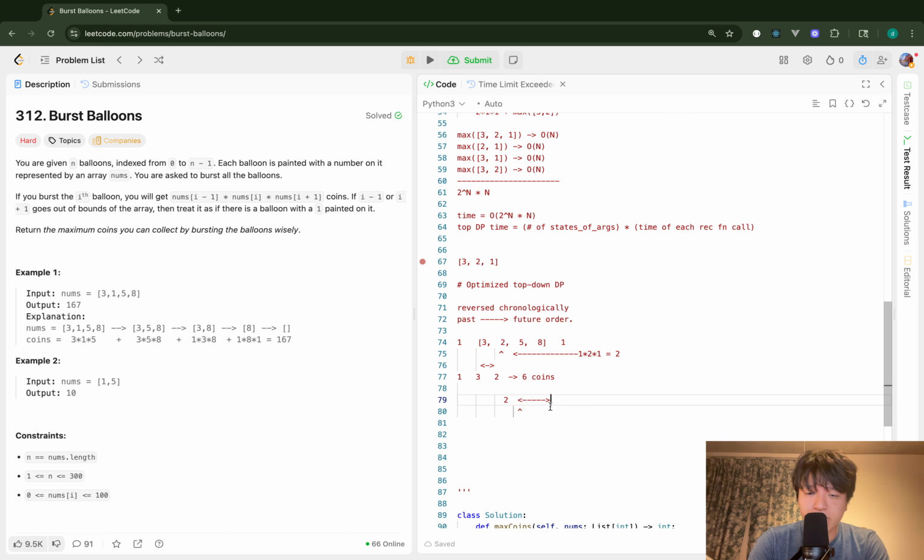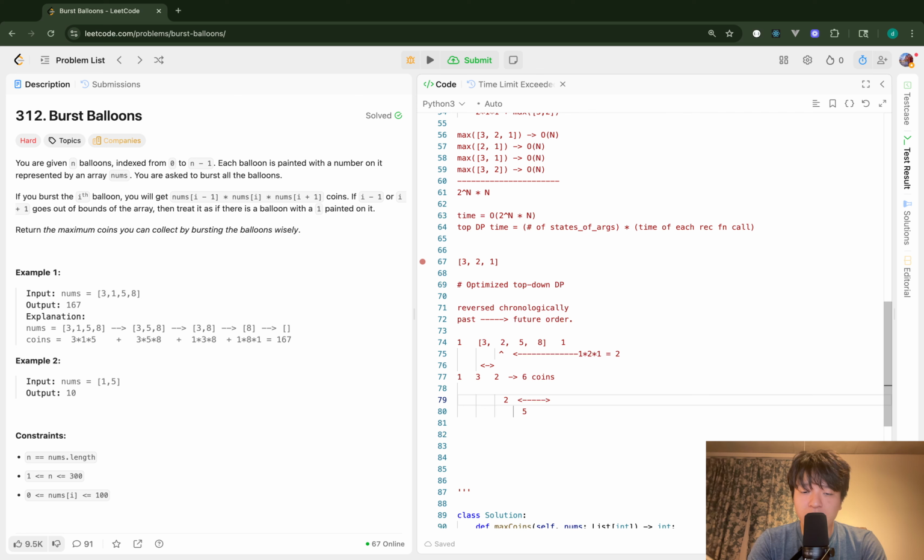Yeah. So when I take a look at this, let's just say, if I take 5 as the second to last balloon, how many points can I get from here?